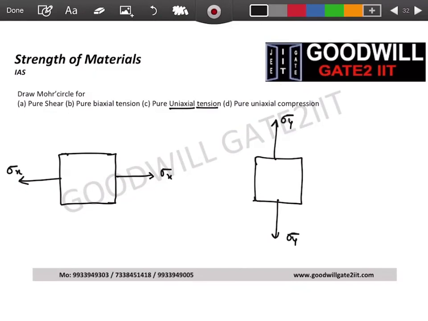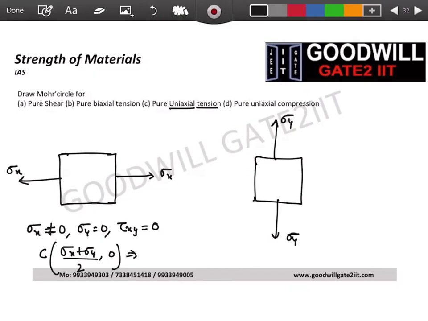Both these are uniaxial. Now, if you draw for this case, sigma x is not 0, sigma y is 0, tau xy is 0. And now it's very easy. You people know the center of Mohr circle is sigma x plus sigma y divided by 2 comma 0.